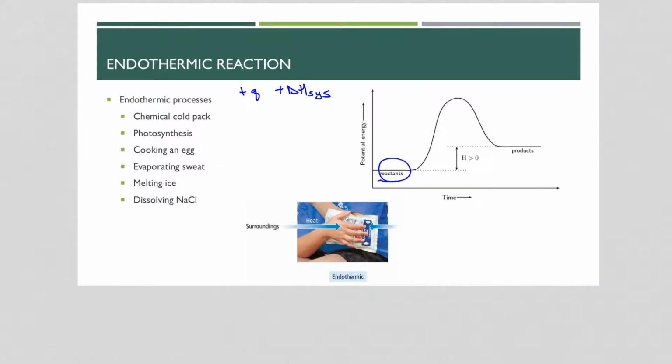So if we take the products minus the reactants, it has to be a positive value because we're gaining heat, we're gaining thermal energy over the course of the change.